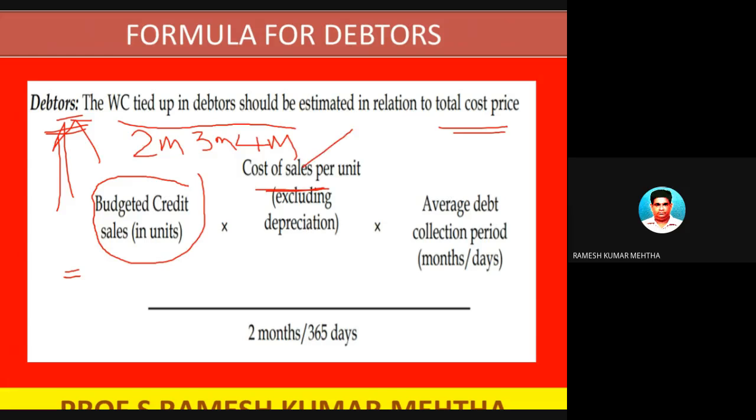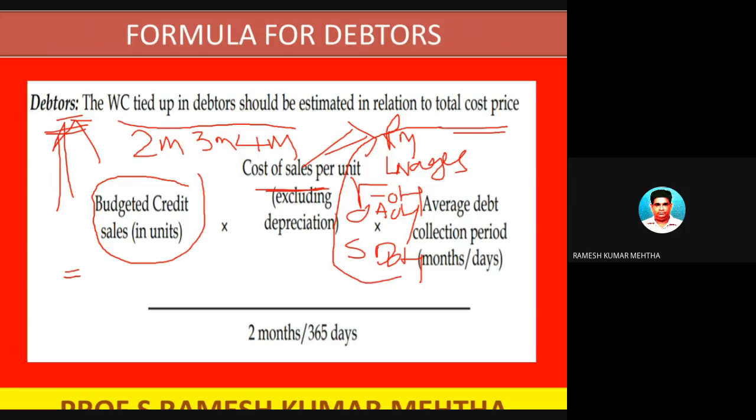Here you have to take raw material, labor wage cost, factory overheads, office and administration overheads, selling and distribution overheads, because these are the expenses incurred for manufacturing and then selling the final product. But depreciation, being a non-cash expenditure, should not be taken into account. So we eliminate depreciation, if at all it is included in the cost price, into the average number of days or the credit period allowed by the company to the debtors.